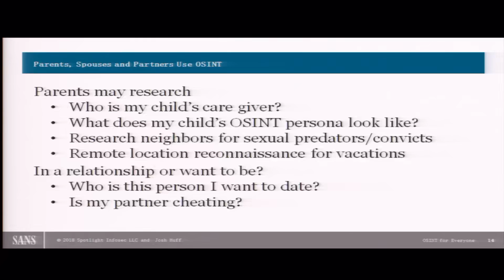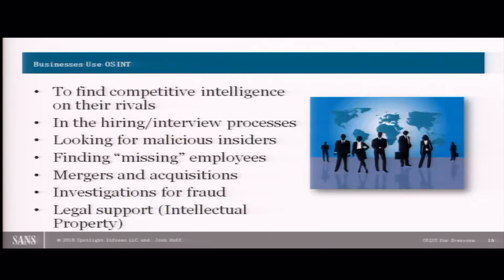The OSINT that a suspecting spouse has already done on their partner before they come in for a consultation is immense. They will give you the Facebook profile of everybody under the sun that might be of suspect there. So that's the personal side of OSINT that pretty much anybody can do, whether they know it's OSINT or not.